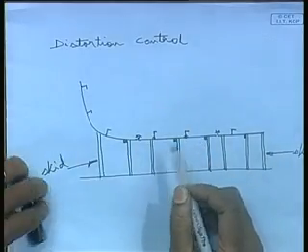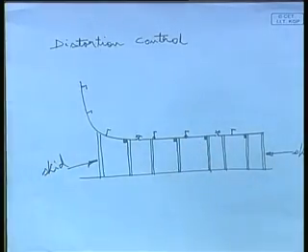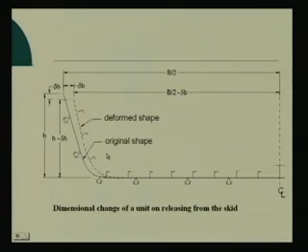So, what one may observe is the phenomenon shown here. When it was in the skid, this was the original shape, right. Now, when it has been released, the deformed shape could be like this. So, what has happened? It has shrunk in this direction.